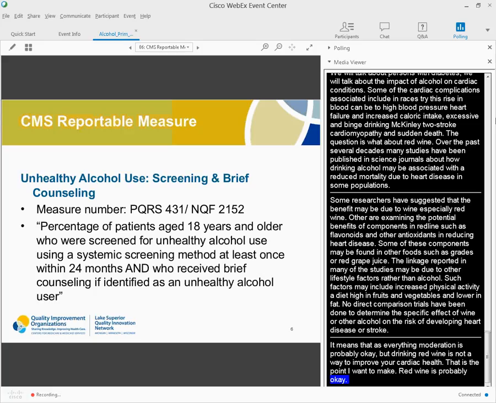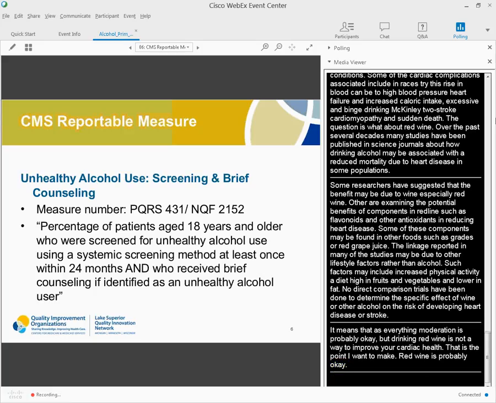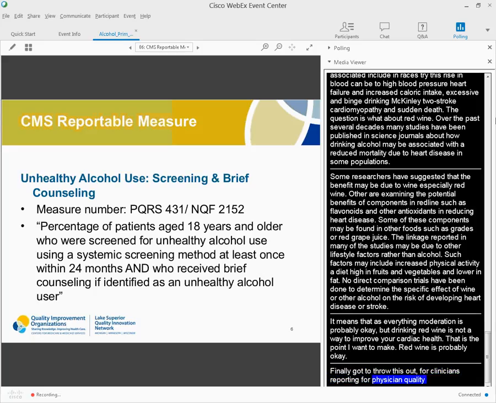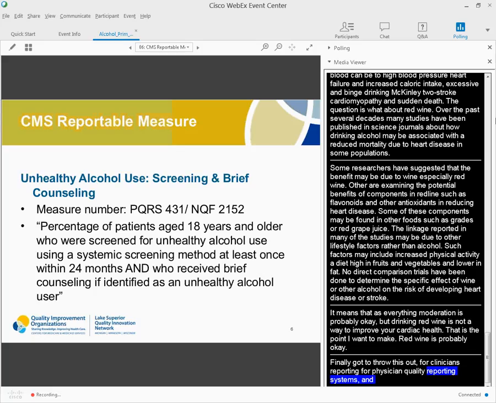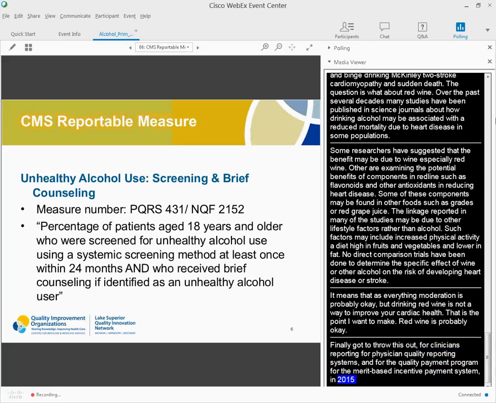Okay, and finally, just to throw this out there, for clinicians reporting for the Physician Quality Reporting System, PQRS, program in 2016, and for the Quality Payment Program for the Merit-Based Incentive Payment System, MIPS, in 2017 and beyond, the Centers for Medicare and Medicaid have developed a measure under the Community and Population Health domain to address unhealthy alcohol use.